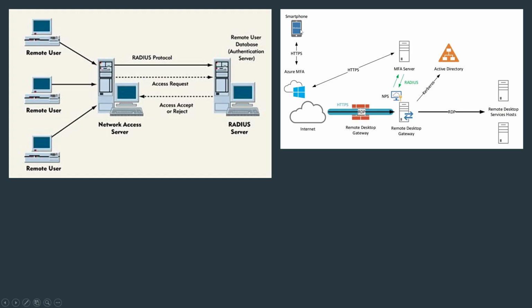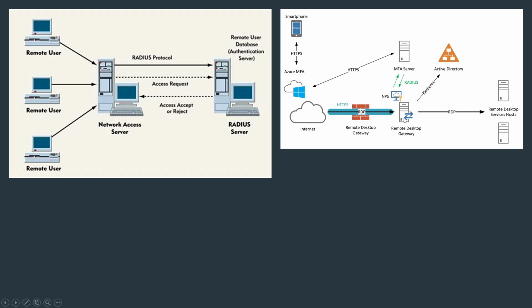For example, if you want to have access to a remote desktop server, from a mobile device you are accessing the resource. Let's say you are accessing with the RDP port. You got this RDP, right? Remote Desktop Protocol. For Linux it is SSH.